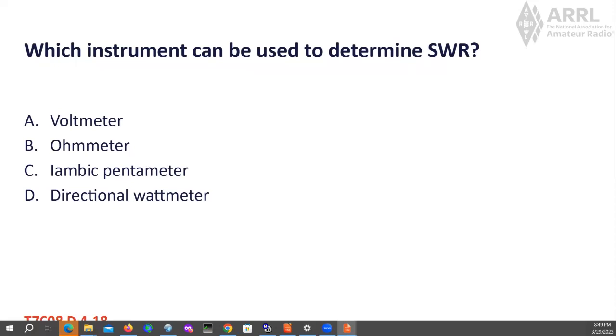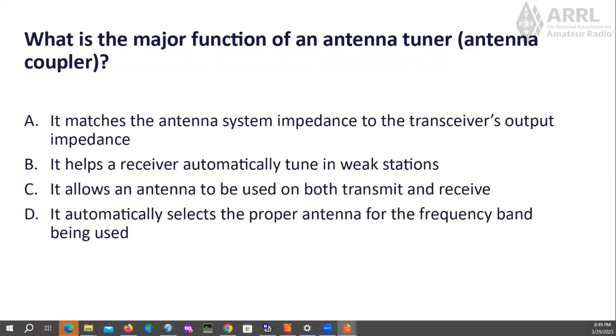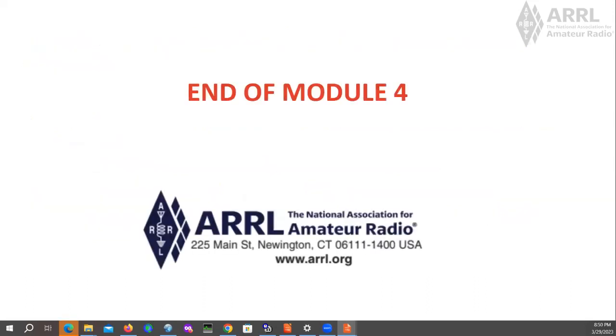The answer is D, a directional watt meter. What is the major function of an antenna tuner and antenna coupler? And that answer is A, it matches the antenna system impedance to the transceiver's output impedance. And then by meaning the antenna system, that includes the coax. And that's it.